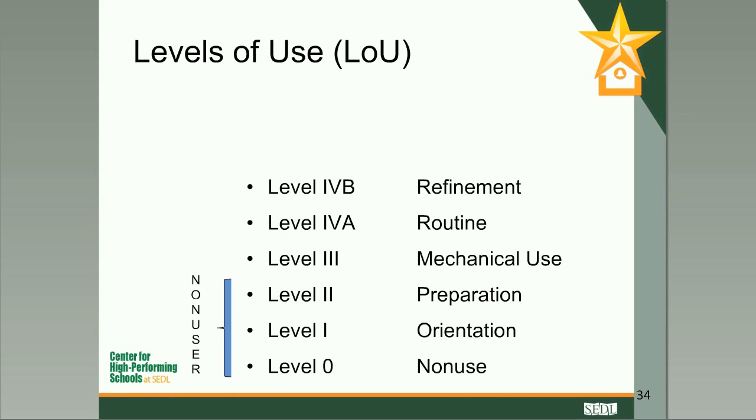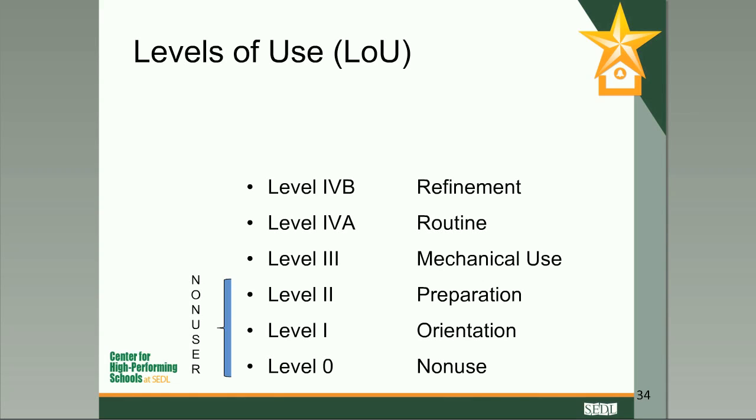And that's a little bit different than the next one, which is level 4B. In this level, the user might be saying, I've really recently pulled together a more detailed assessment instrument to get specific information from my students to see where I need to change my use of the innovation.